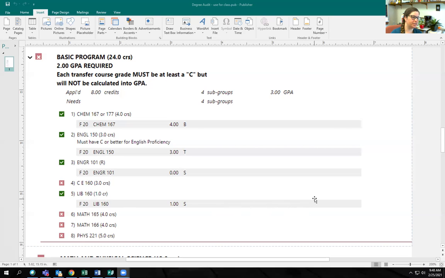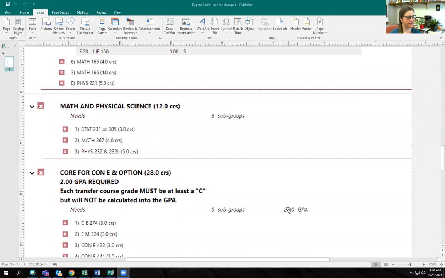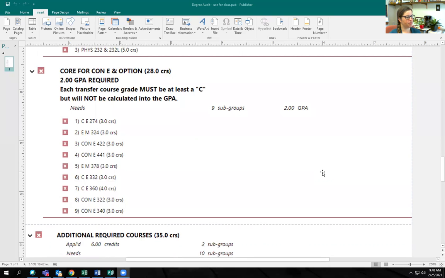Okay, so moving down through the degree audit, we have our math and physical science section, which just shows stat, differential equations, and physics 2. Then we've got the ConE core. This is a group of classes that the ConE curriculum committee has decided is really important for you to have a specific GPA.